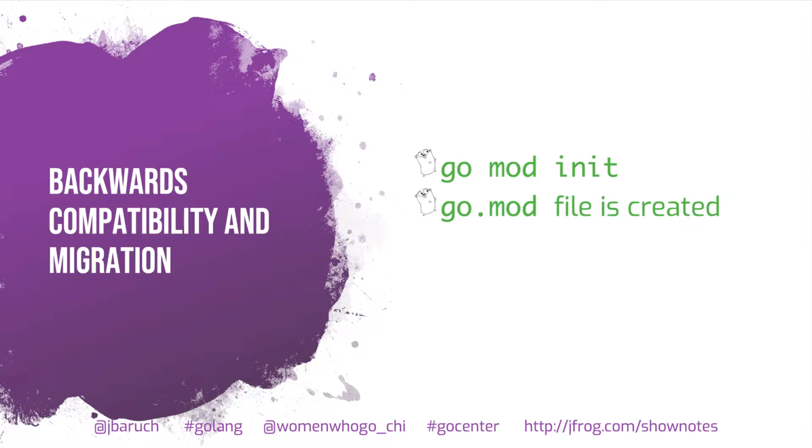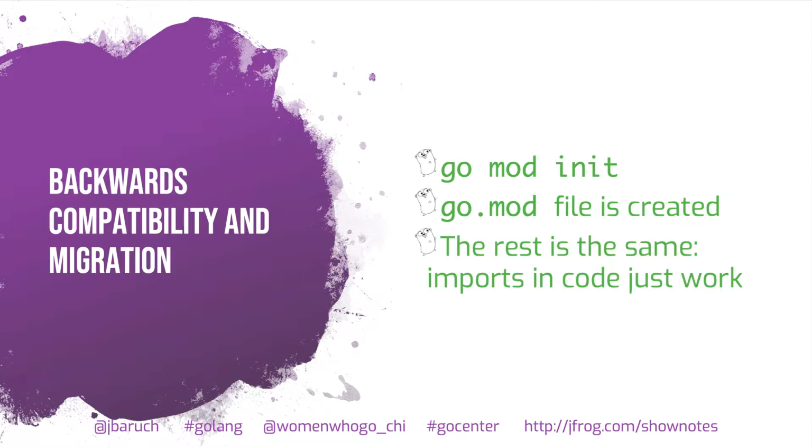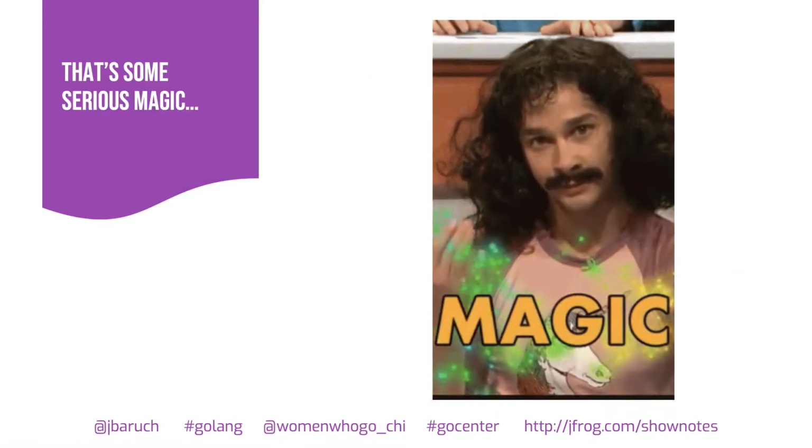It describes what you use, which versions, and all this stuff, generated automatically, and then everything else just works. You keep working with dependencies as you worked before. You add imports to your source files, and they just get automatically added to the go.mod file as you type those imports, and everything works the same.